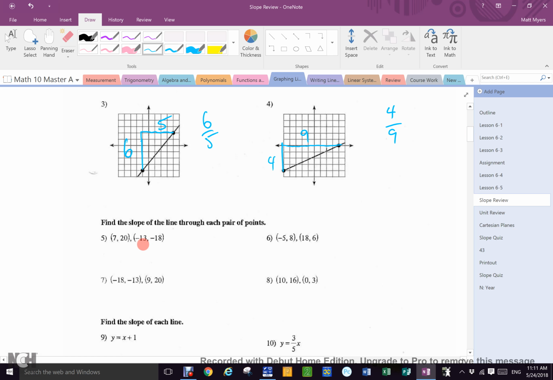How do I find slope when I have 2 x's and 2 y's? Right, so 38 over 20, which is 19 over 10. I will accept either of those. That is the better answer. 2 over negative 23. 33 over 27, which would be better as 11 over 9.